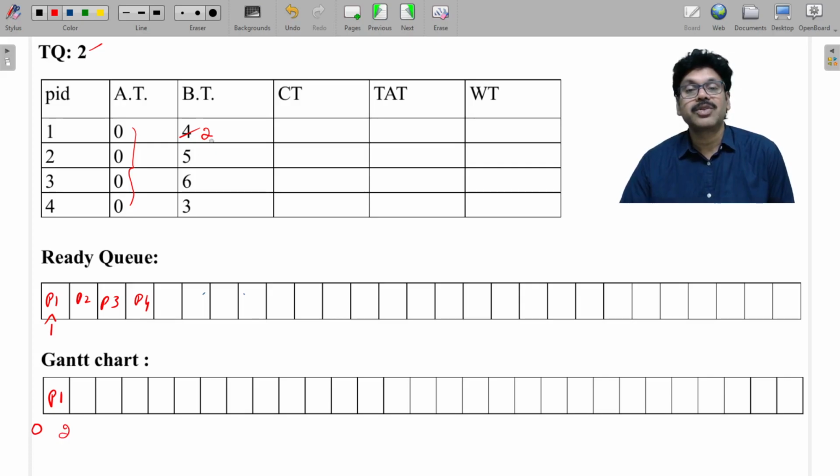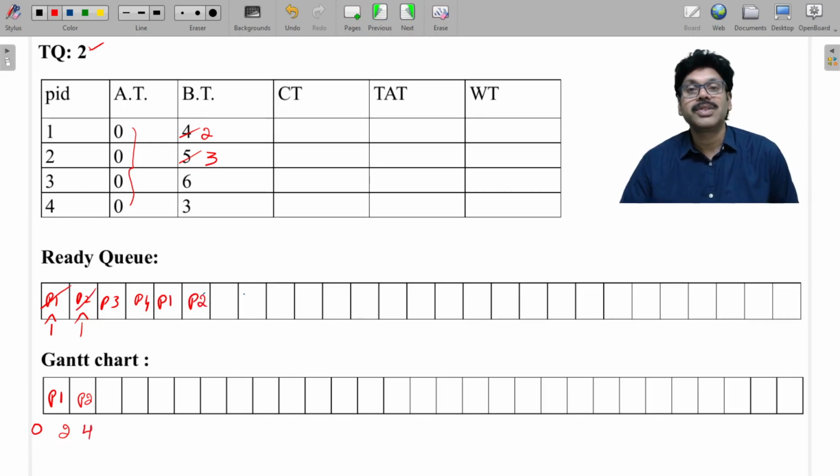Because P1 needs 2 more units, P1 will be added to the queue. Now the front of the queue is P2. P2 is executed. P2 needs 5, but I can give only 2. 3 is the balance. P2 is not completed, right? So P2 will be added into the ready queue.